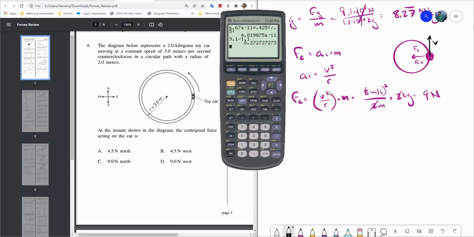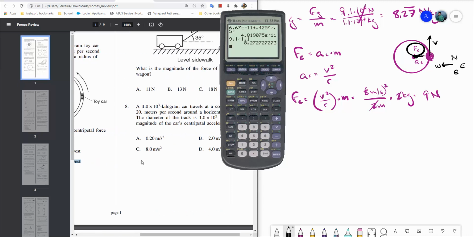So we want to know where the centripetal force is going. It's going west, because it's going to the center, to the left from its current position, with a force of 9 newtons. 9 newtons west. The answer is D.